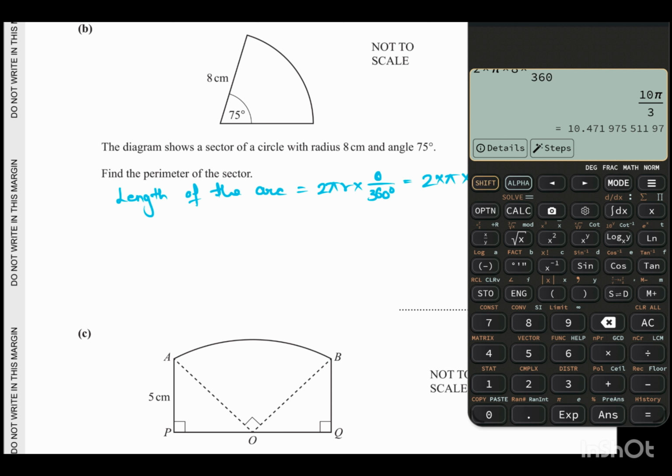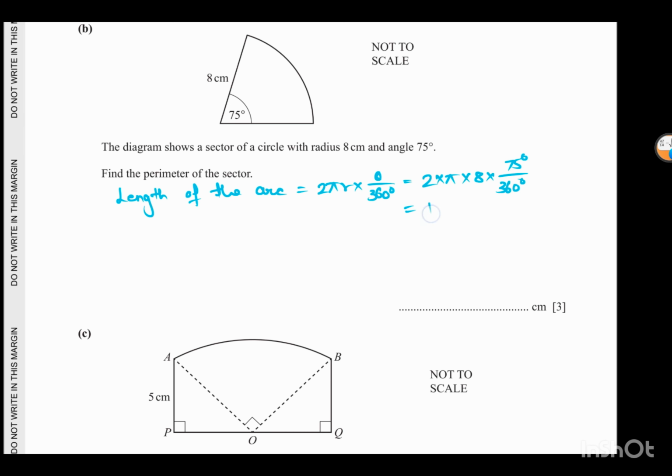That is 10.4719. This is equal to 10.4719 centimeters.